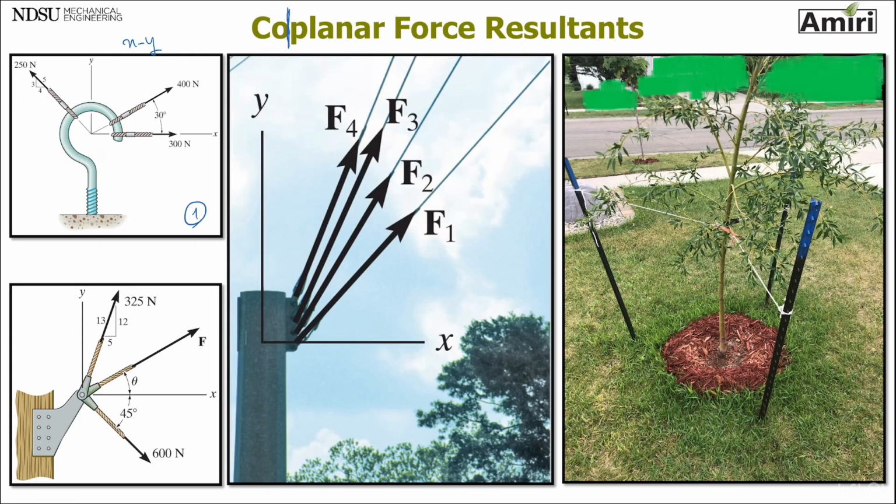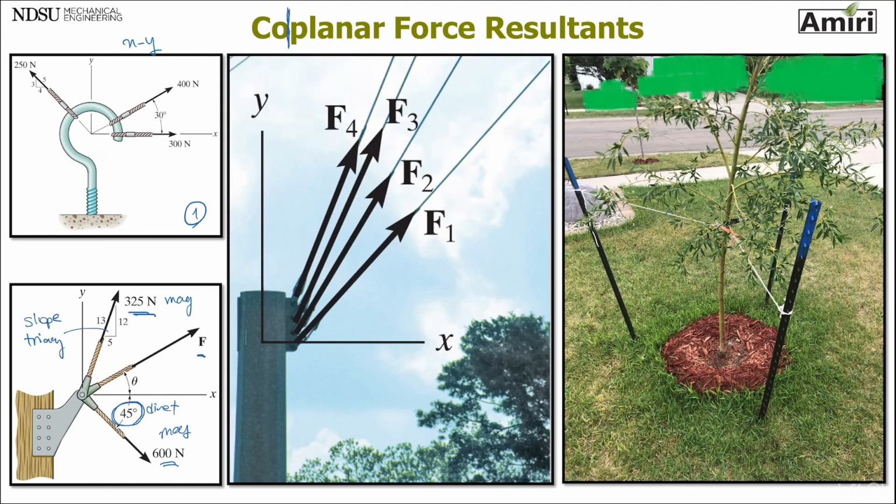There are 3 forces, 325 newtons, 600 newtons, F. Oh, look, it's a good example because here it gives you an angle of 45. So you have the magnitude and you have the direction. Here you have the magnitude. Do you have the direction? Of course you do. They give you a slope triangle.